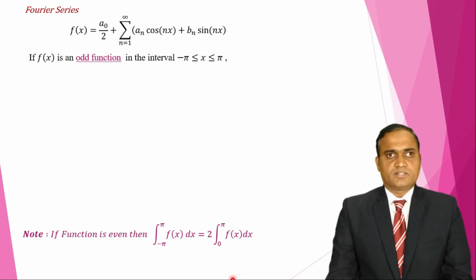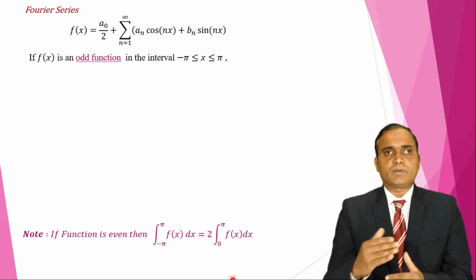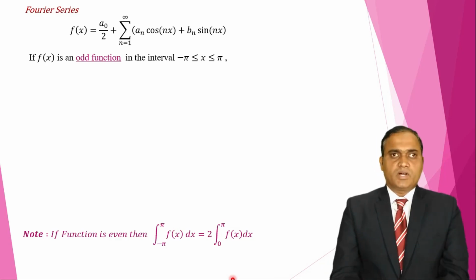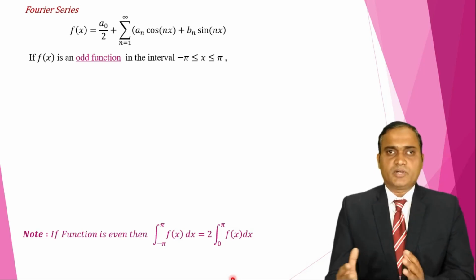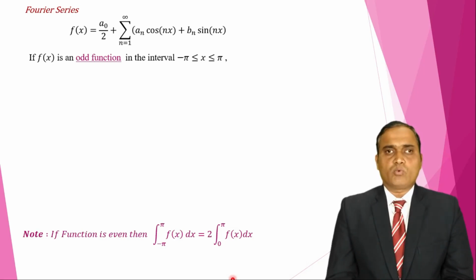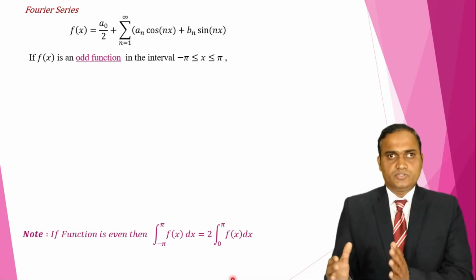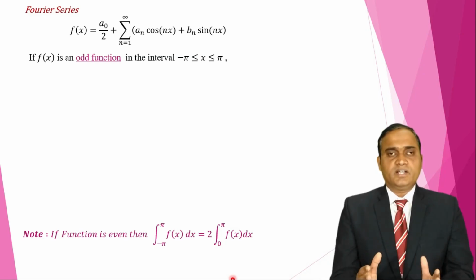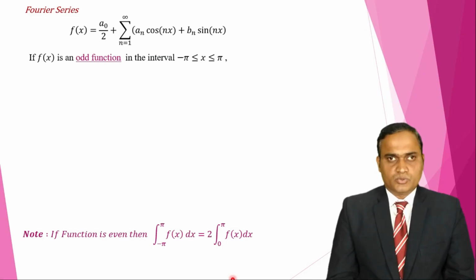If the function is even in the interval minus pi to pi, then we can write it as 2 times the integral in the interval 0 to pi. Why? Because that function is symmetric about the y-axis. That means the graph nature in 0 to pi is repeated in the interval minus pi to 0.